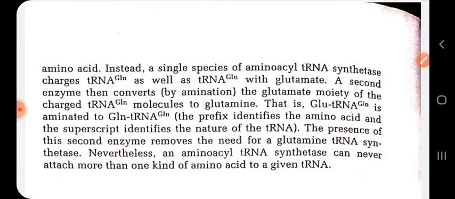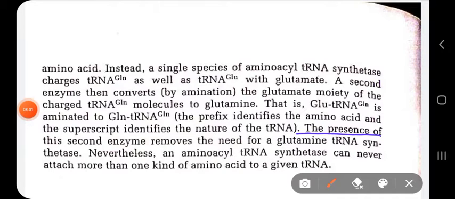So here the presence of the second enzyme removes the need for that glutamine tRNA synthetase. Okay, so they have no glutamine tRNA synthetase, they have glutamate tRNA synthetase.